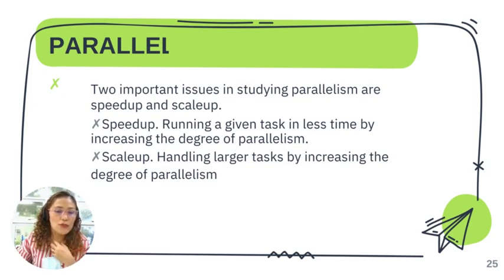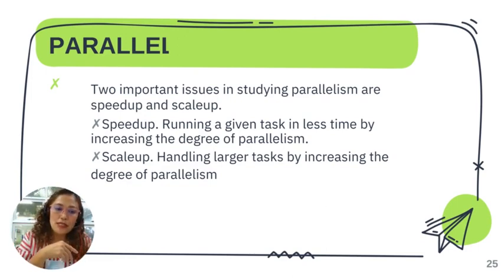So there are two important issues in studying parallelism. These are the speed up and the scale up. When you say speed up, that is running a given task in less time by increasing the degree of parallelism. So meaning many processors will process the same task so that it can be completed in a shorter span of time.